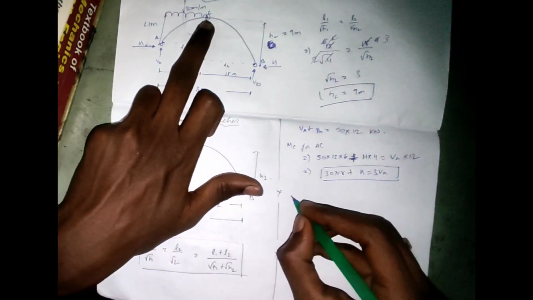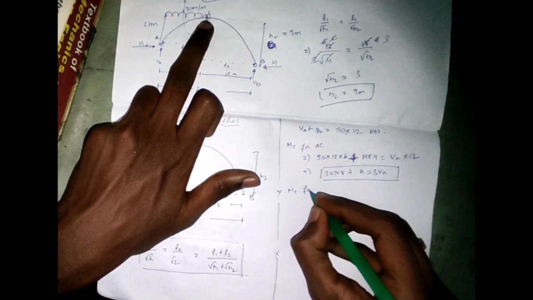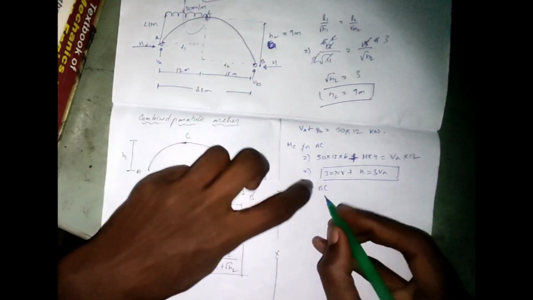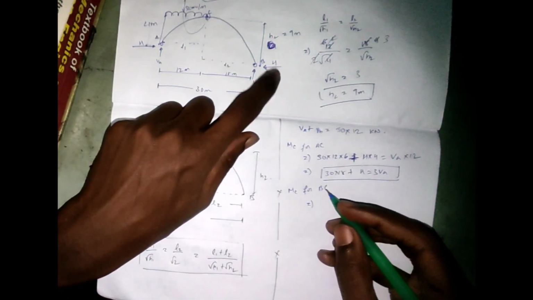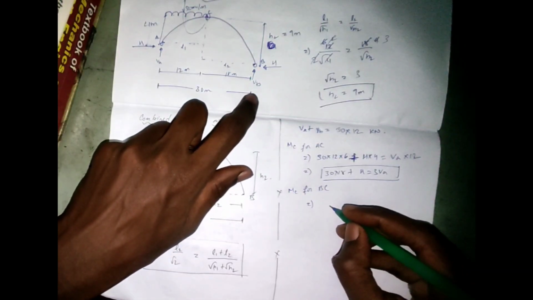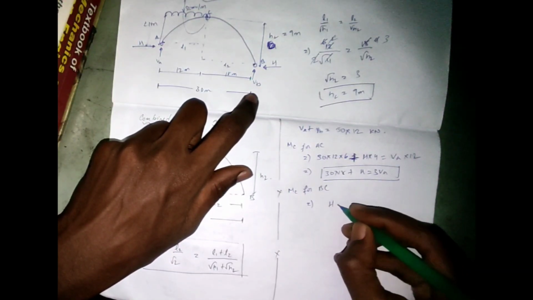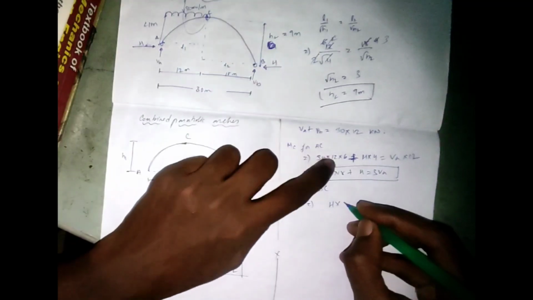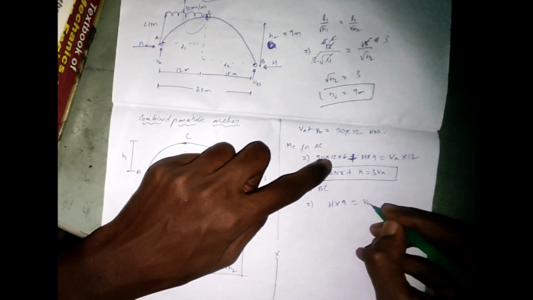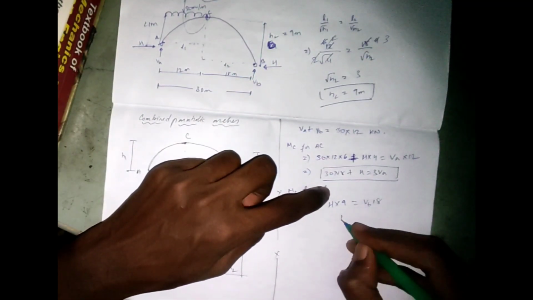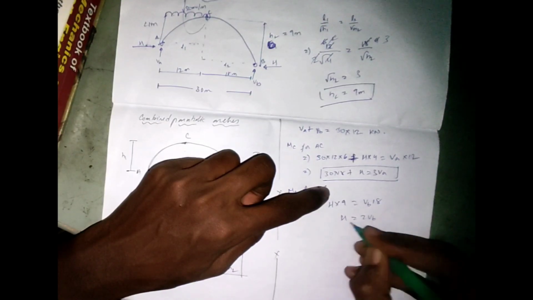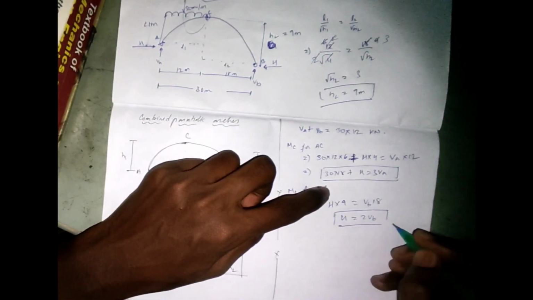Now moment at C for BC, we will get H and VB, that is H into 9 is equal to VB into 18. So that will be H is equal to 2 VB.